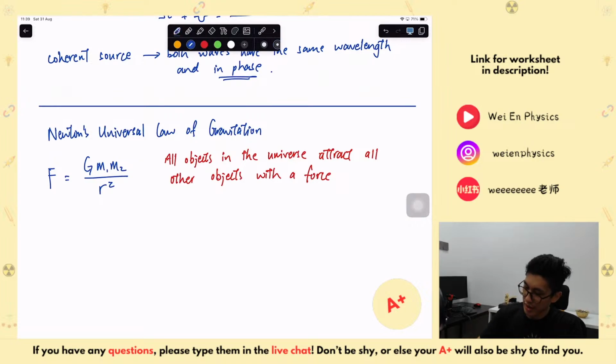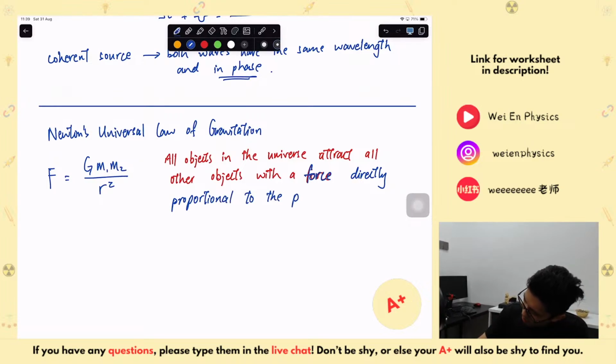Now the second part: the force is directly proportional to the product of their masses.